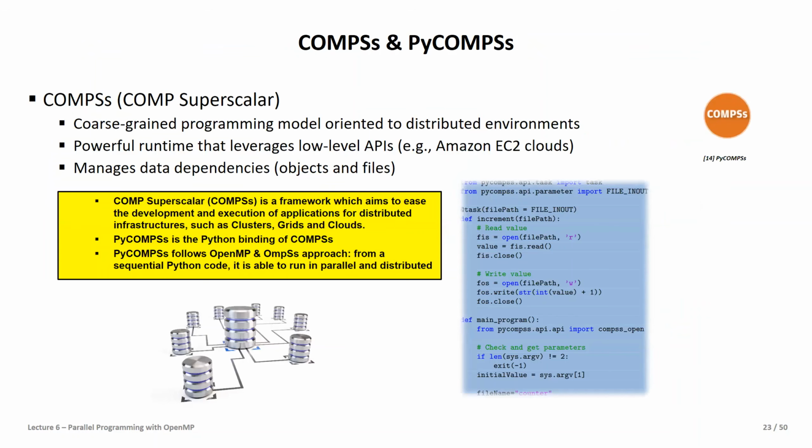And as such, it's a very powerful model. Here's one example of how that could be used: COMPSs, which is COMP Superscalar. It's a framework where the idea is that you go even one level up, where PyCOMPSs does the same for Python bindings.